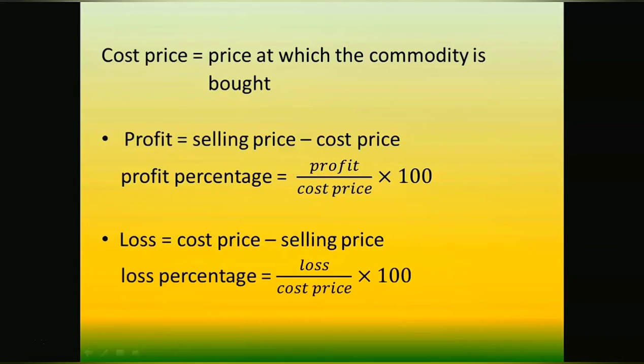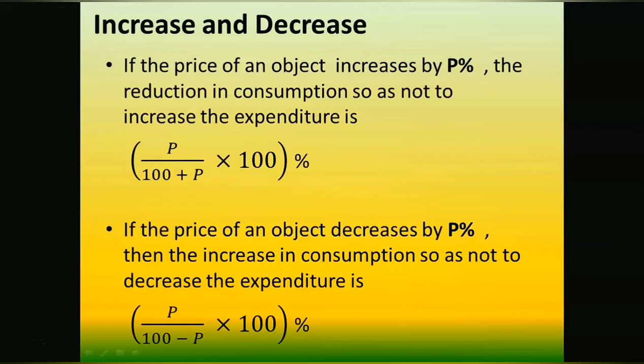The next subtopic is increase and decrease. If the price of an object increases by P%, the reduction in consumption so as not to increase the expenditure is given by P divided by 100 plus P into 100, this much percentage.